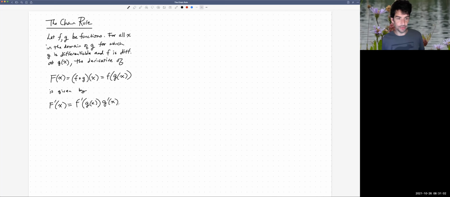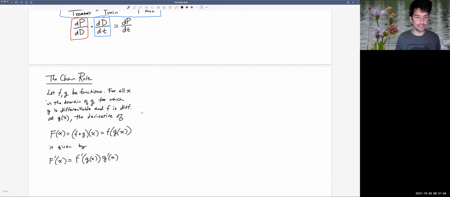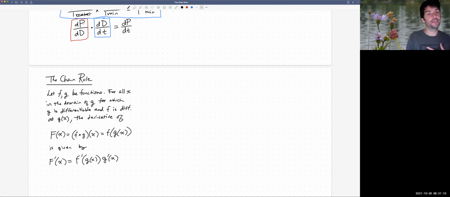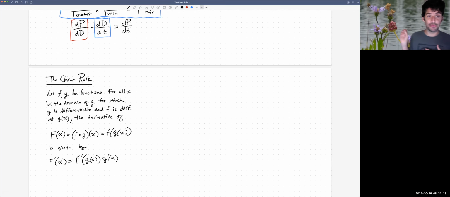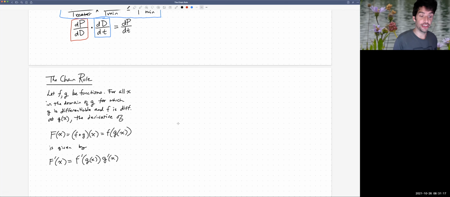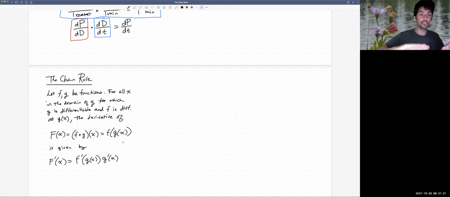Okay, so what are we saying here? Let's look back at this thing we did earlier. We took two derivatives and multiplied them. The first derivative, dP/dD, was how does pressure change as our depth changes, right? That was how does the outer function change as the inner function changes, right?